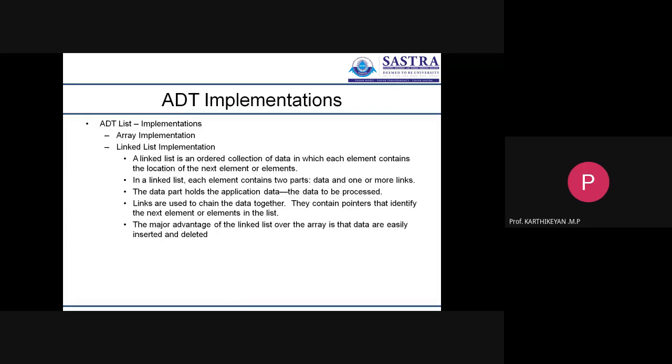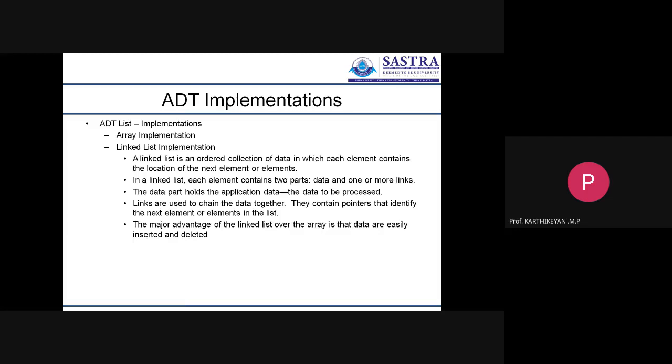So a linked list is an ordered collection of data in which each element contains the location of the next element, and also it contains the data. So in a linked list, each element contains two parts. The first part is the data part and the second part is the link part. The data part holds the data. The data may be a single atomic data, or it may be a composite data, or it may be structured data, anything.